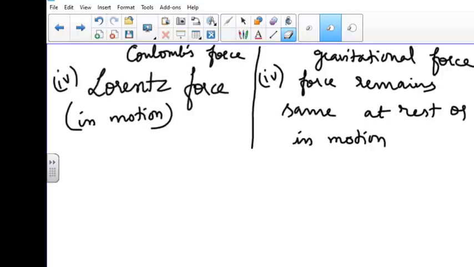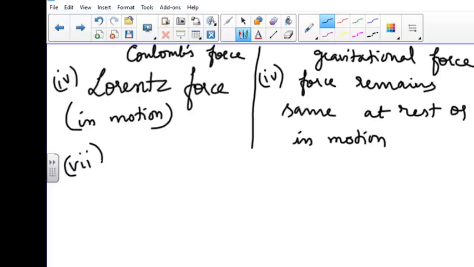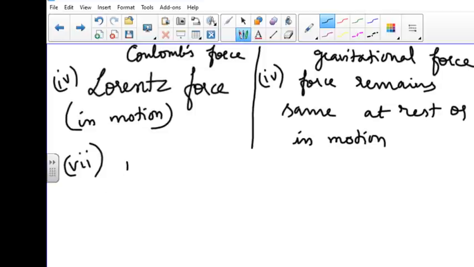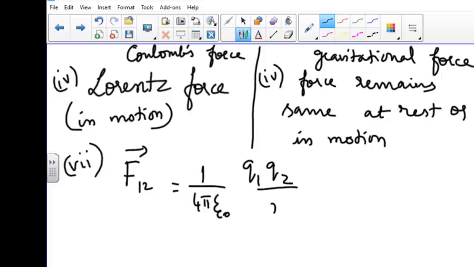And the seventh aspect of Coulomb's law: the force on a charge q1 exerted by the point charge q2 is given by F12 vector is equal to 1 by 4 pi epsilon naught q1 q2 by r square into r21 cap.